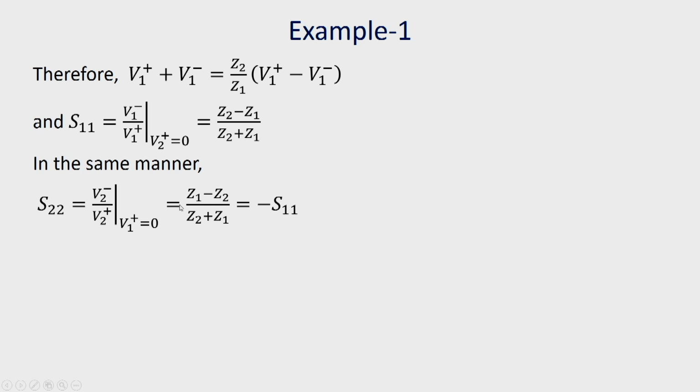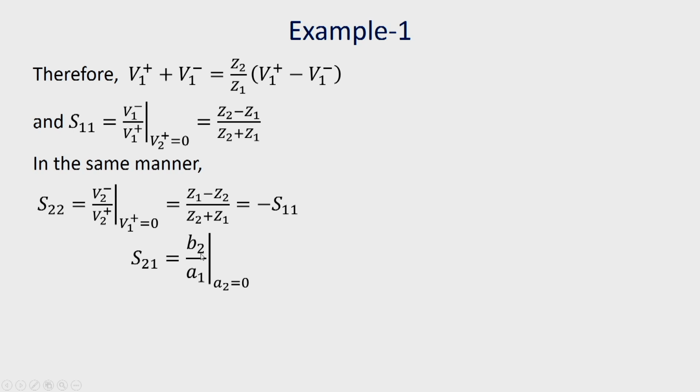And if you proceed in the same manner, you can show that S22 is equal to Z1 minus Z2 divided by Z1 plus Z2, and this is equal to minus S11. Now, let us evaluate S21.